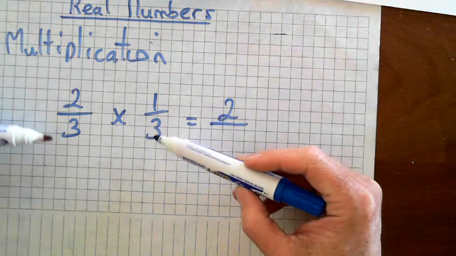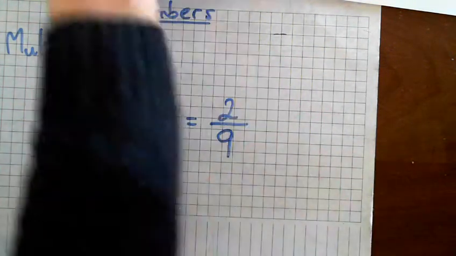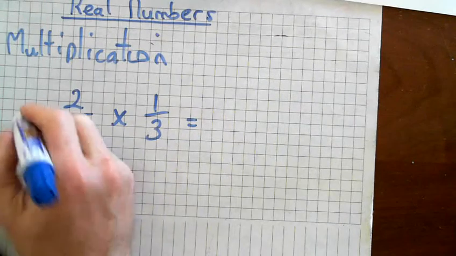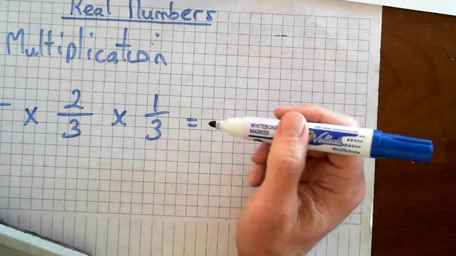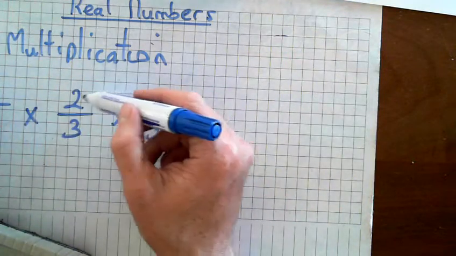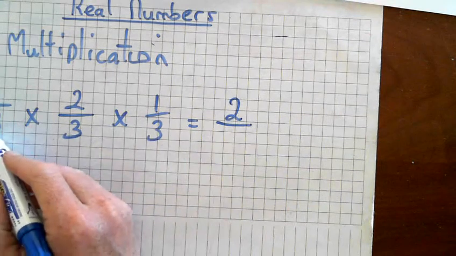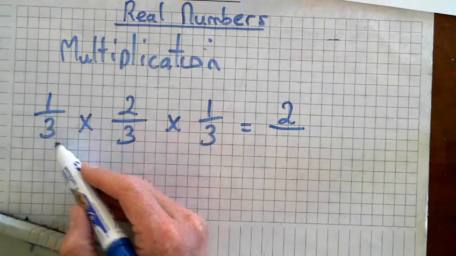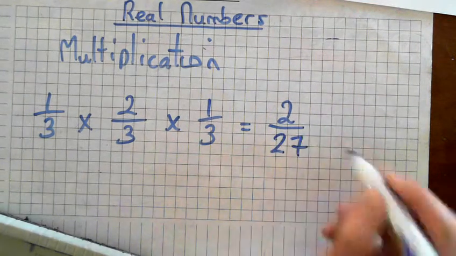Now multiply the denominators. 3 times 3, 9. Another example. Multiply the numbers on the top, the numerators. 1 times 2 is 2, times 1 is still 2. Multiply the denominators, 3 times 3 is 9 times 3 is 27.